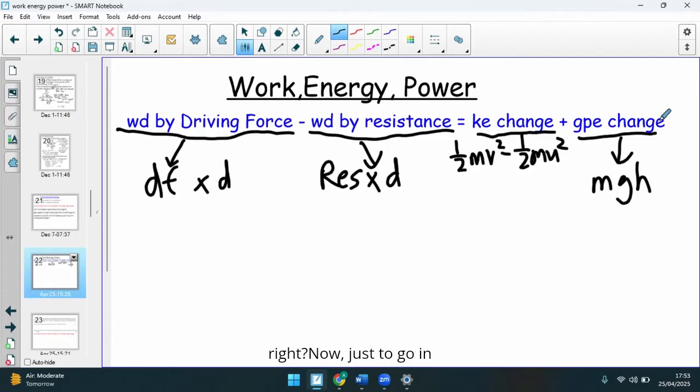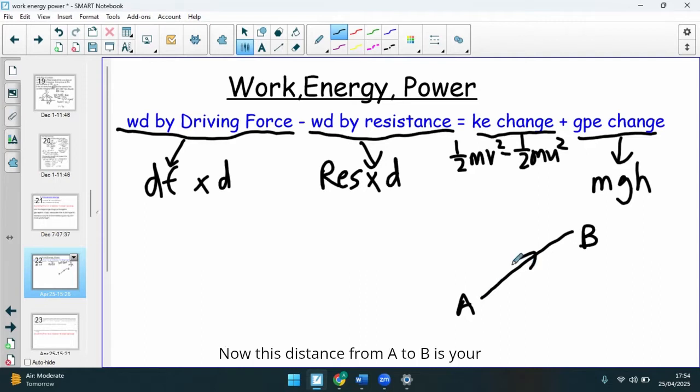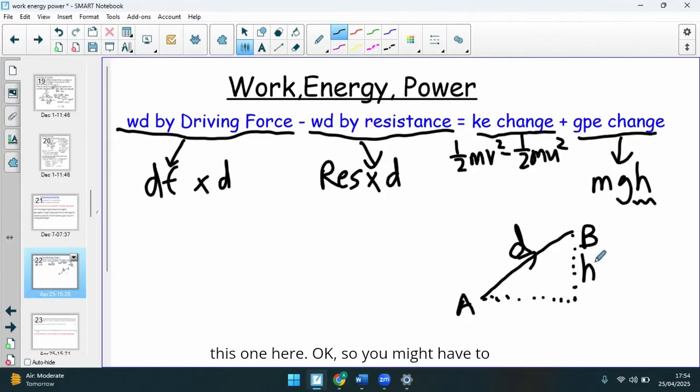Now, just to go into these in more detail, let's say an object is traveling from A to B, right? Now, this distance from A to B is your D. Okay, so this is the D we use over here and over here. Okay, the H, which was here, is the vertical distance. Okay, so H is going to be this one here.